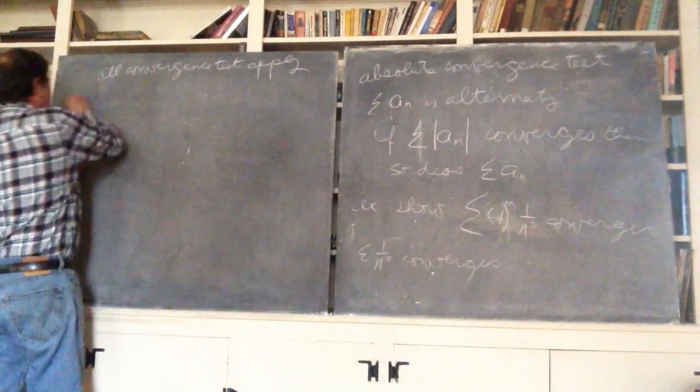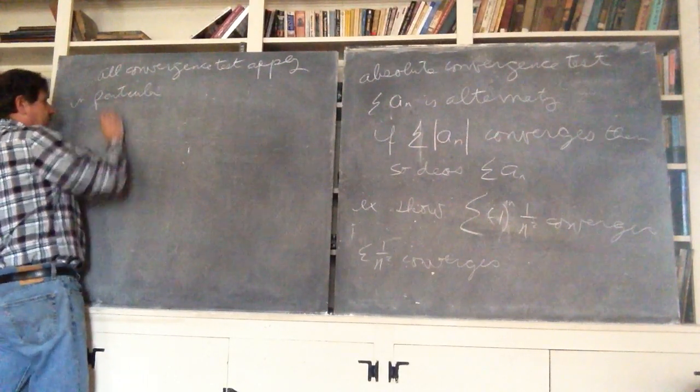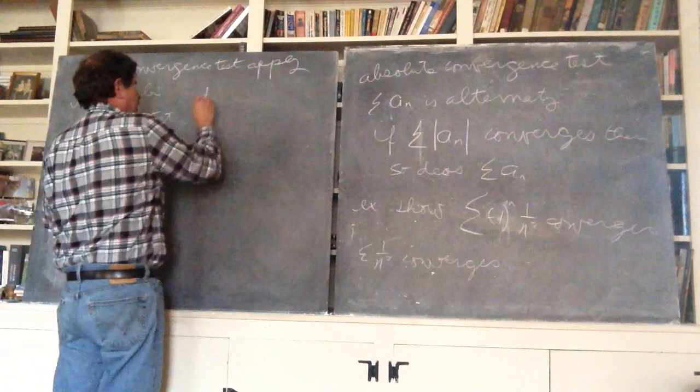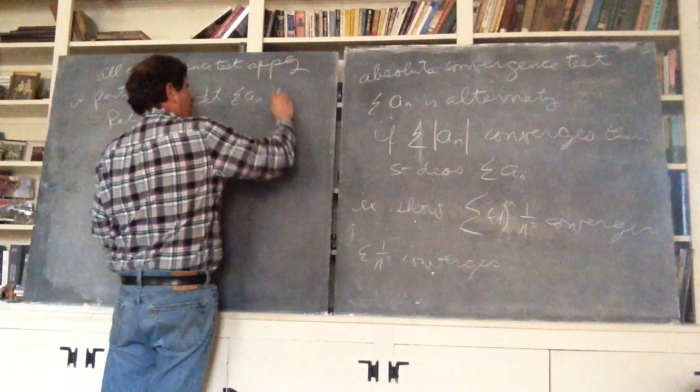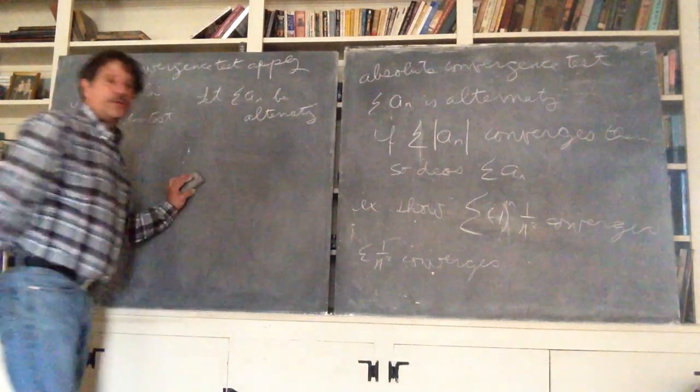And in particular, how about the ratio test? Let a sub n be alternating. Well, we're going to use the ratio test.